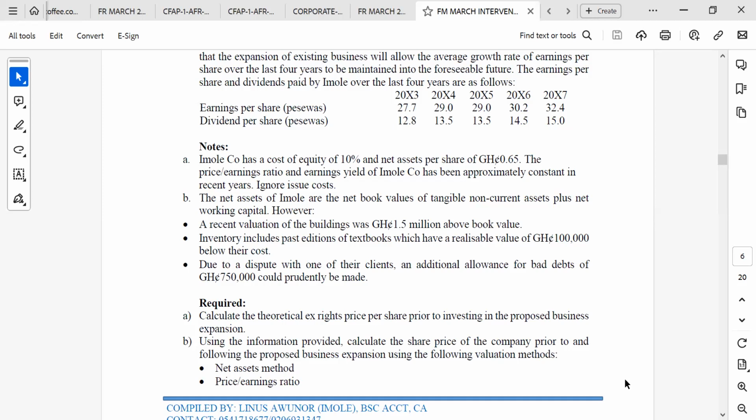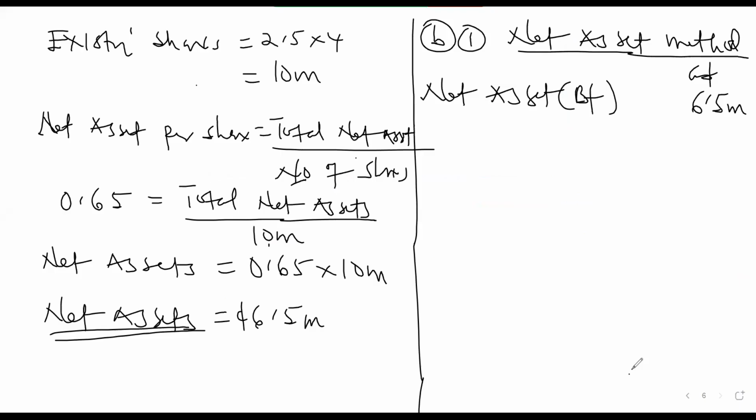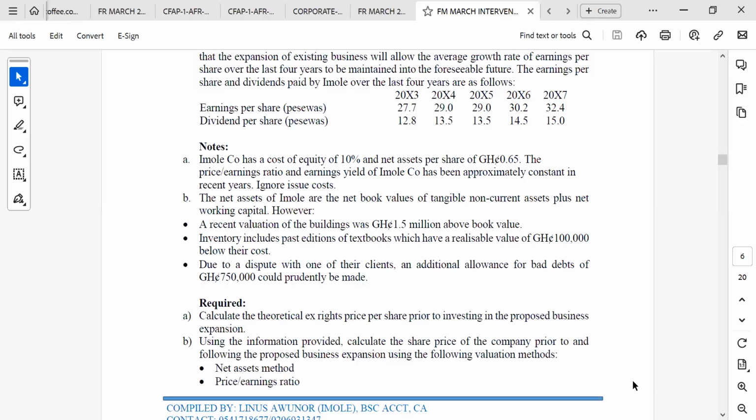So what do we do? We add it back. It means that that 1.5 has not been taken into consideration. The asset was valued at a value lower than this amount, so we go and add it.